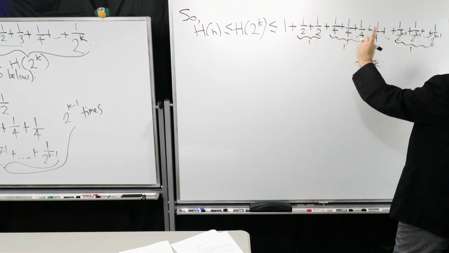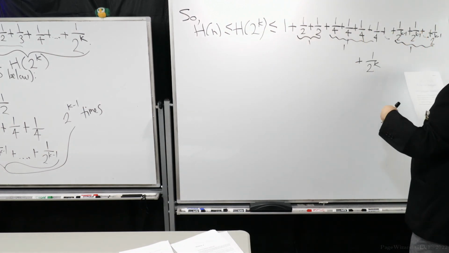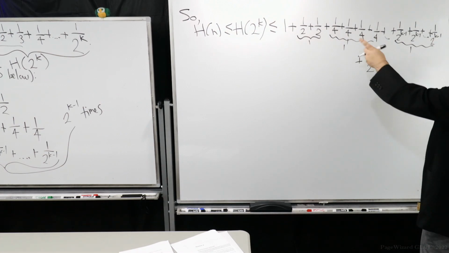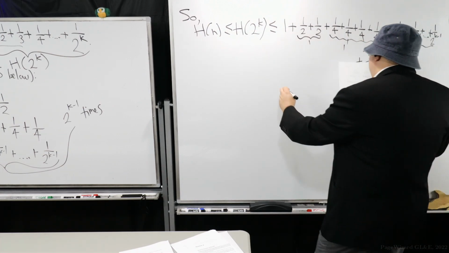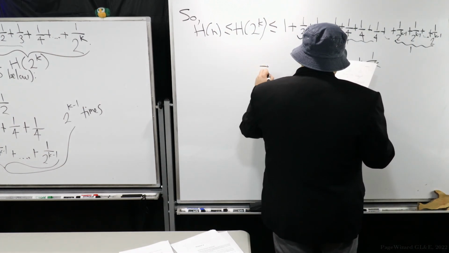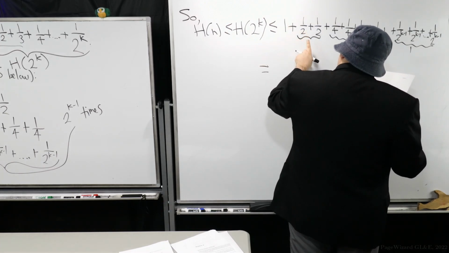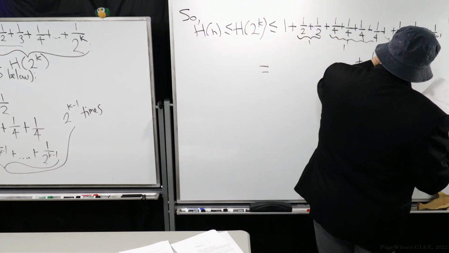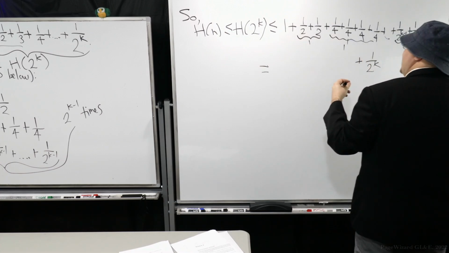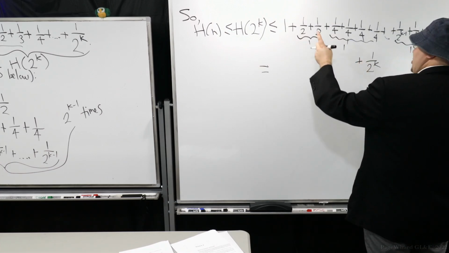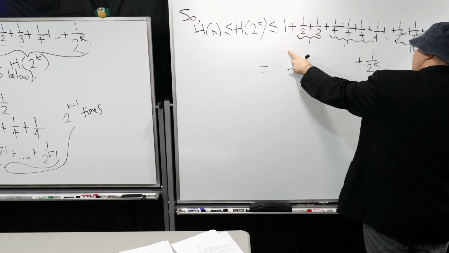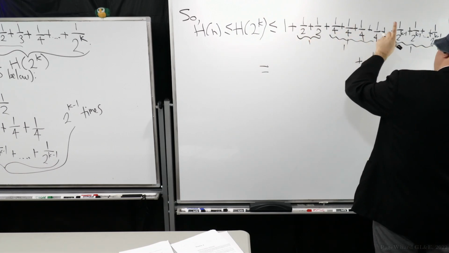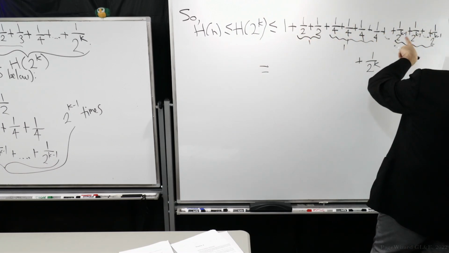So I have 1 plus 1 plus 1 plus 1. But how many of these do I actually have? I have this plus 1 over 2 to the power of k, right? But that just means, okay, it's 1, 2, 4, 8, 16, and I have this happening for each one of these. But notice I have 1, 2, 3, 4, and it goes up to k minus 1.